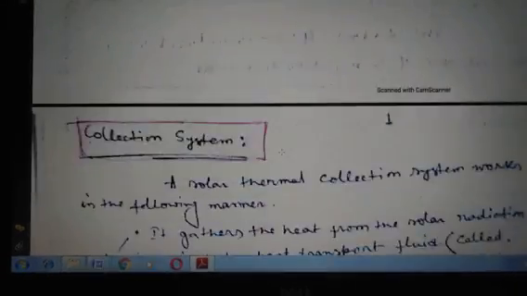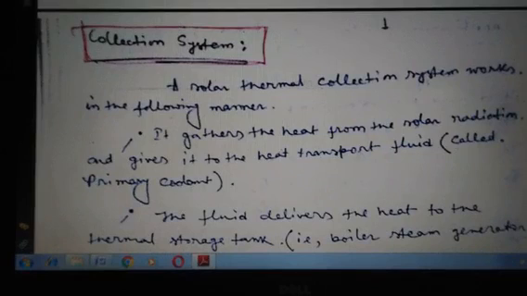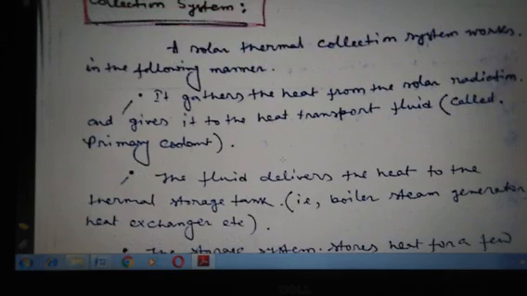Now the collection system. A solar thermal collection system works in the following manner. First point, it gathers the heat from the solar radiation and gives it to the heat transport fluid called the primary coolant.